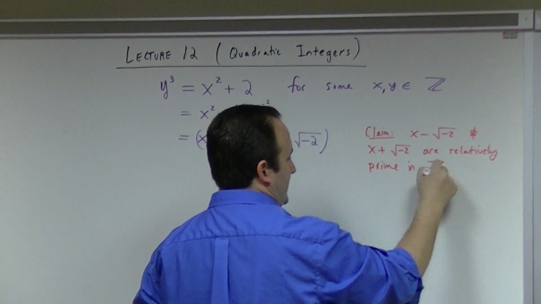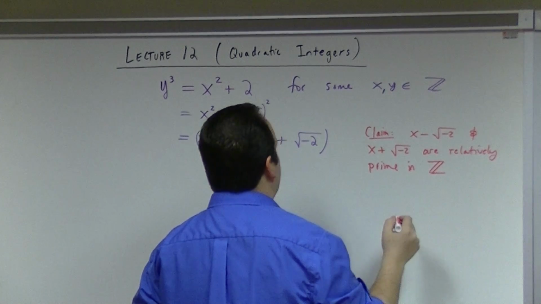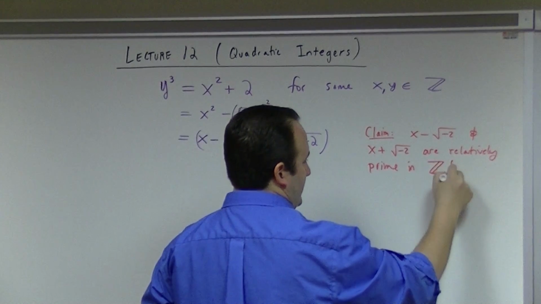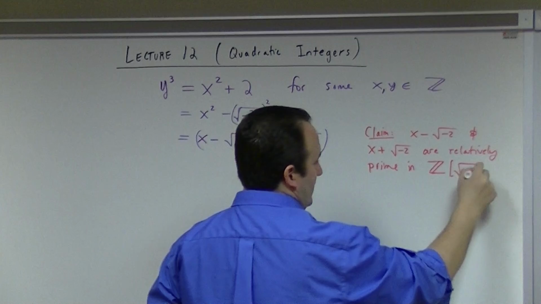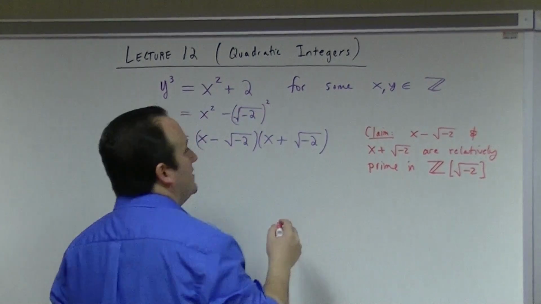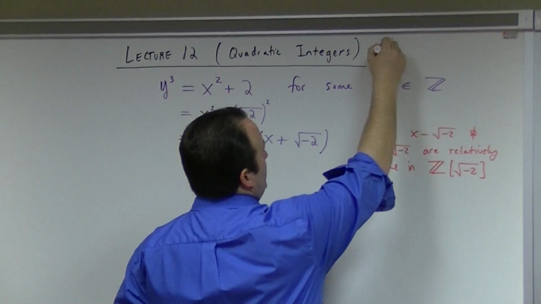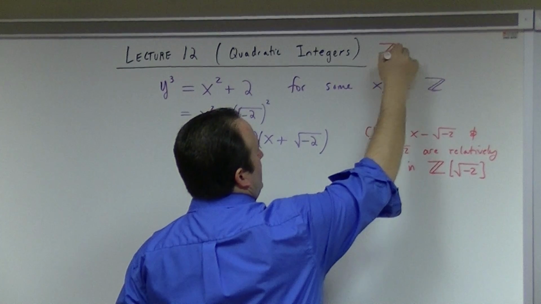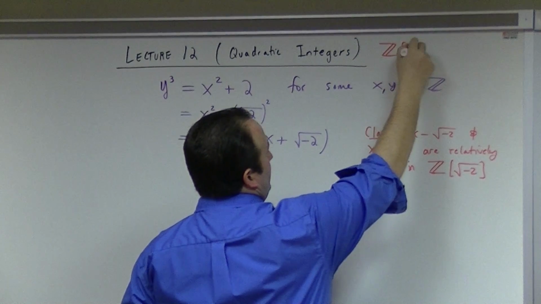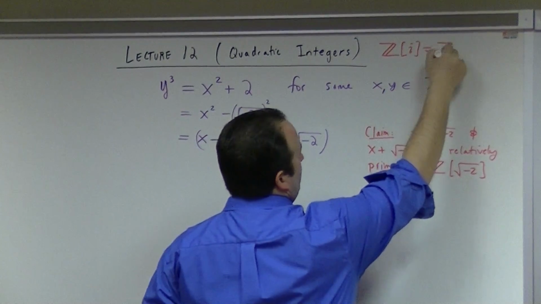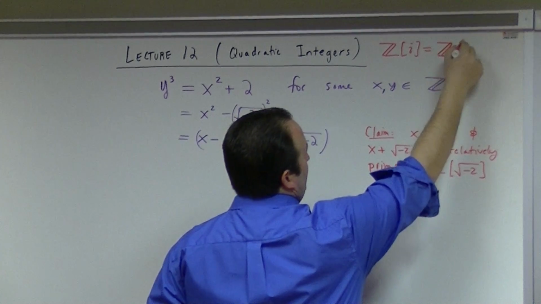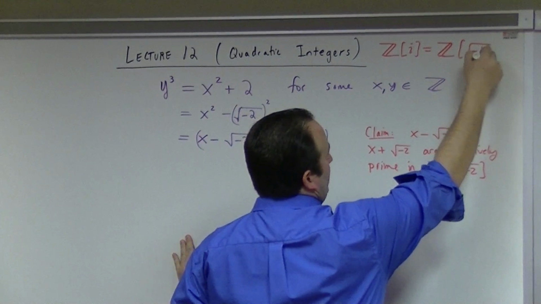If we talk about Z adjoin the square root of minus 1, we can just as well talk about Z adjoin the square root of minus 2. The notation's a little bit off-putting. So we had Z[i] before, right? This is more obviously the same thing if you look at it as Z adjoining the square root of minus 1.